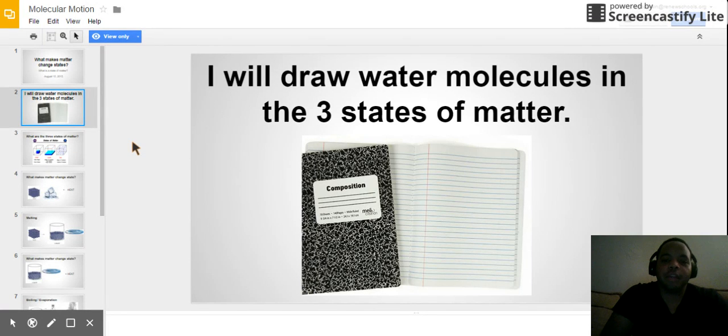And our third state of matter is gas. We did solids, liquids, and now gases. Gases are the air that we breathe. It's the air that you put in a balloon to blow it up, like a happy birthday balloon.